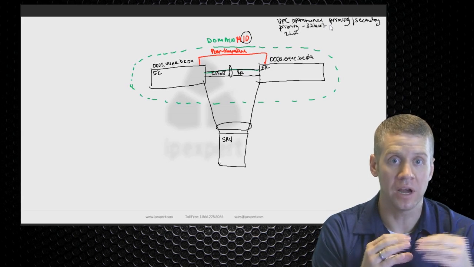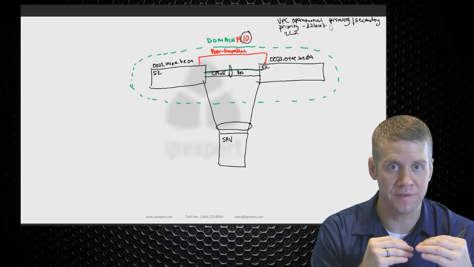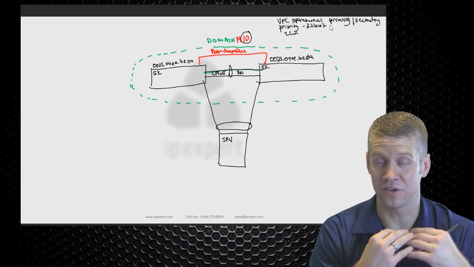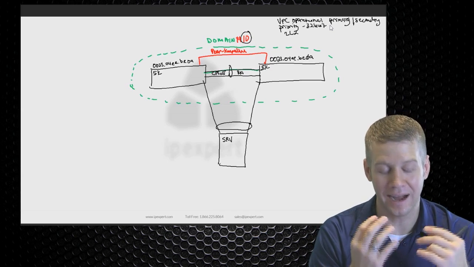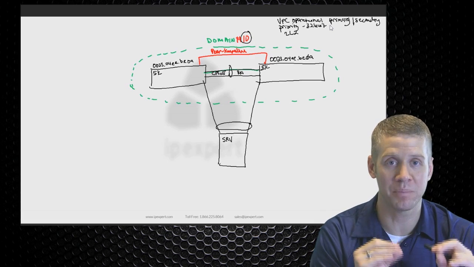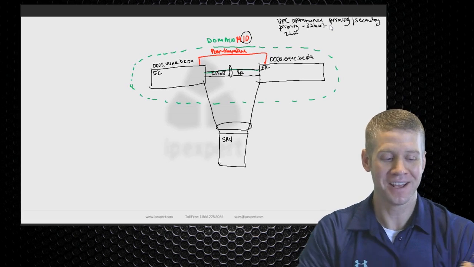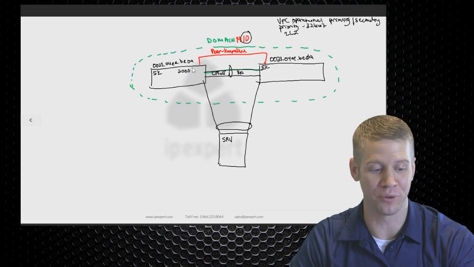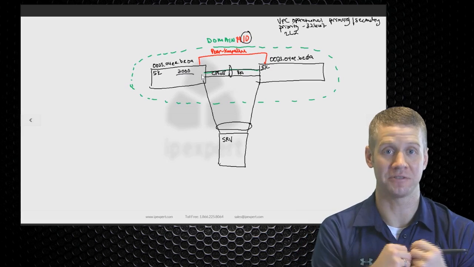So if we come in and lower the value on one of these guys, I always use 2,000. You guys can use whatever you want. I have a tad bit of OCD. So on my VPC primary device, unless I'm told otherwise, I'm going to just configure 2,000.